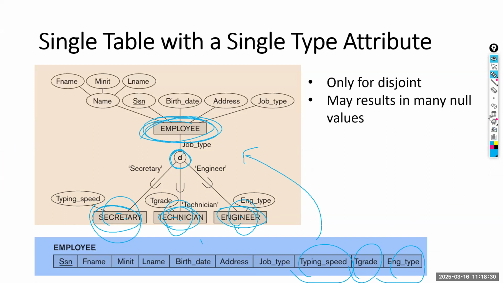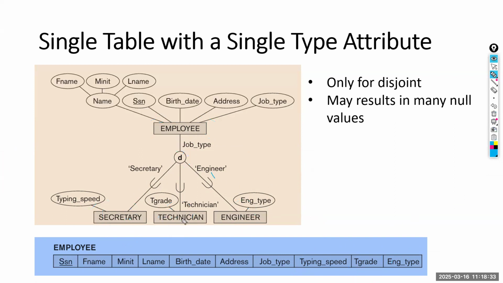For example, if that employee is a normal employee, none of these, then you have the SSN, first name, middle initial, last name, birth date, those are all coming from here. Address they have not broken into parts, that is fine. Then maybe job type is null because it's not a special job title, or maybe just general. Then these values will be null because this is a normal employee.